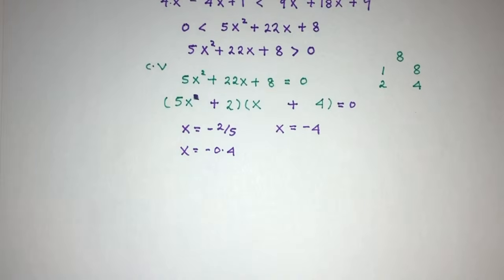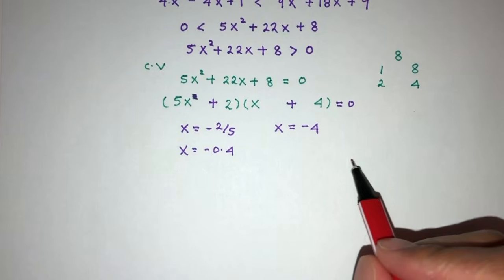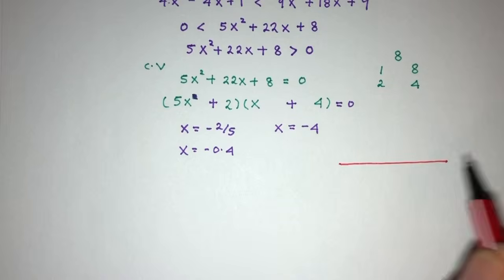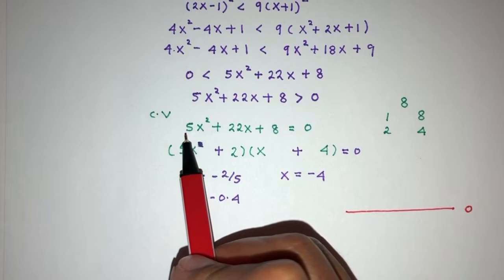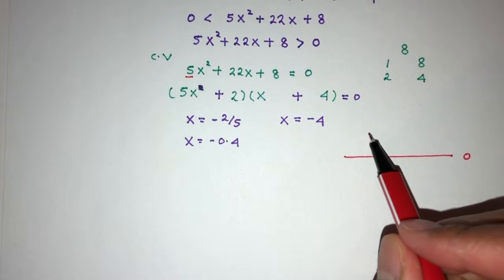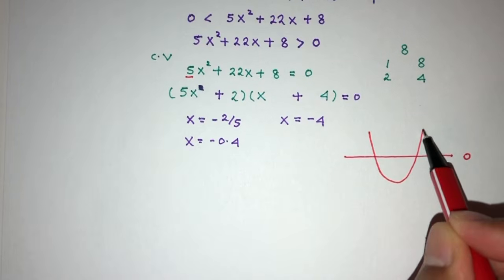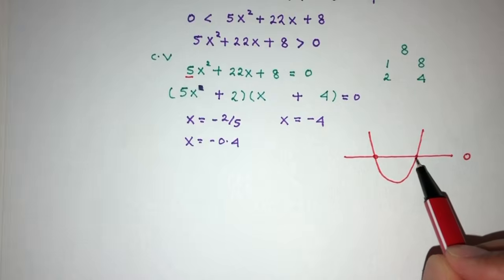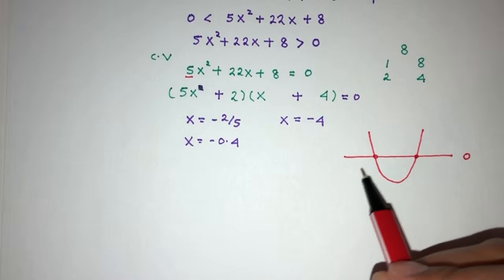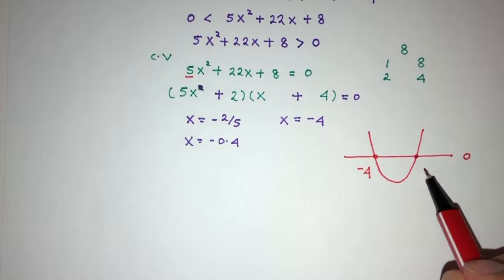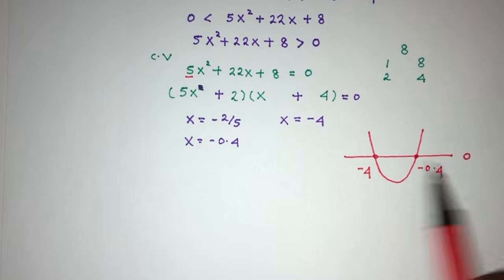Now to find the answer, we have to use a graph, for example, to understand what we are looking for. This is the line 0. And here, because it is positive 5, we know the shape of the graph will be something like this. These will be the critical values. This first value here will be minus 4, and here you will have minus 0.4.